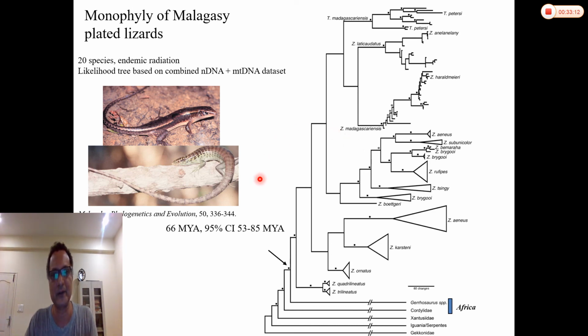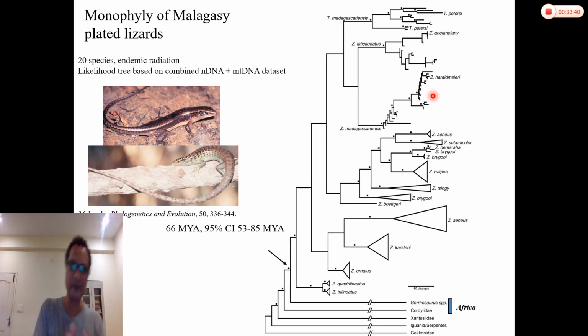In Madagascar, I also worked on this group of lizards called plated lizards. These belong to the family Gerrhosauridae, subfamily Zonosaurinae. They look like skinks, but what basically we found was that it's a radiation in Madagascar, again a single dispersal from mainland Africa into Madagascar, and then a radiation.